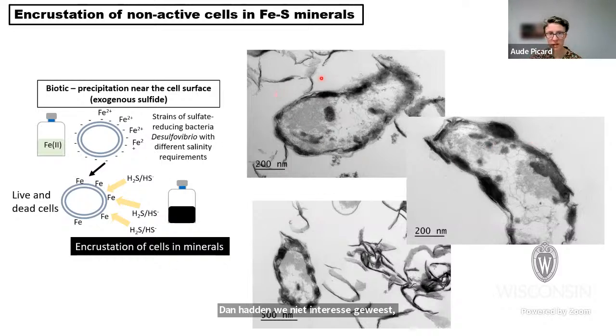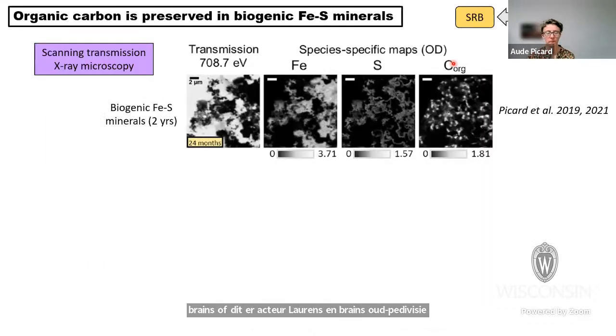What we saw is that those non-active cells might have been storing sulfide in their cells and then releasing it in an environment that had no sulfide. And then we can see that the encrustation happens very differently. It's between the two membranes. These are bacteria that have two membranes, so basically very different from the other ones. So we have a pattern of encrustation that is different when the cells are non-active.